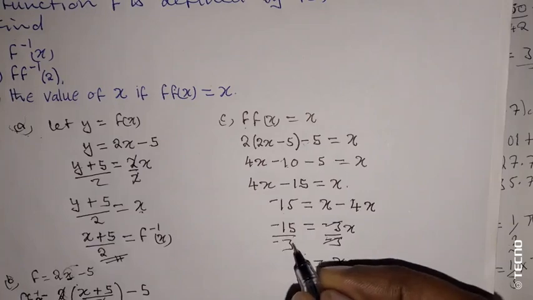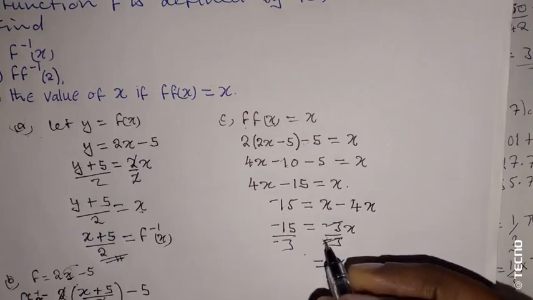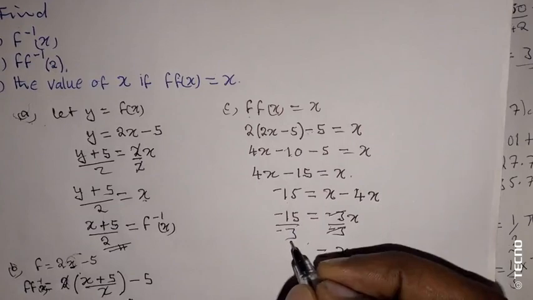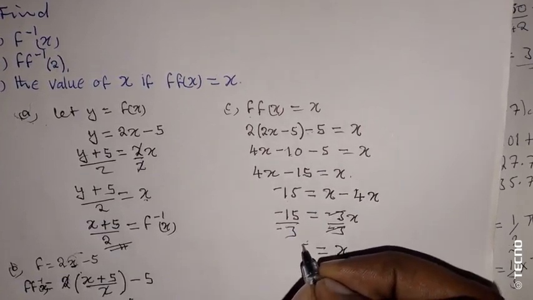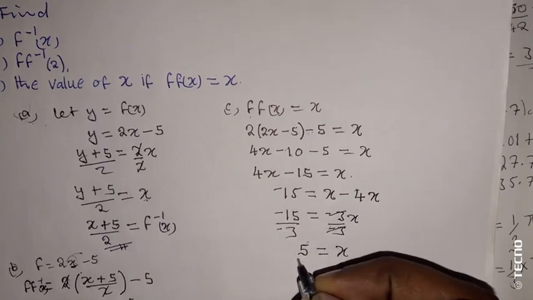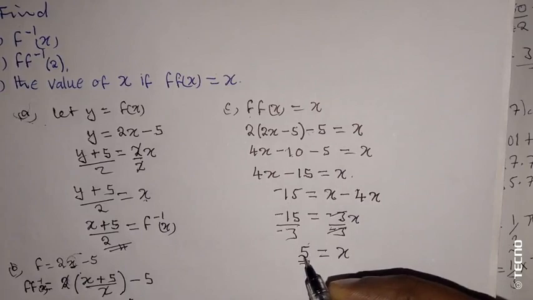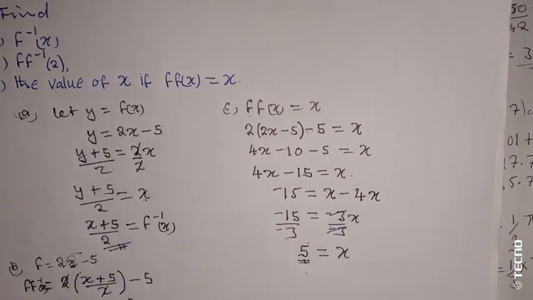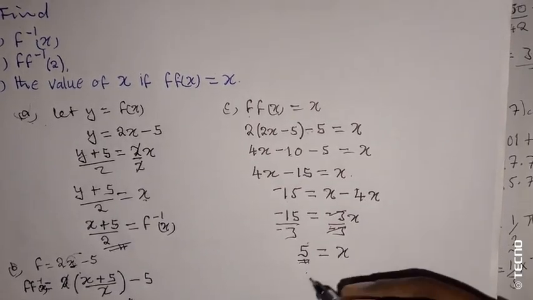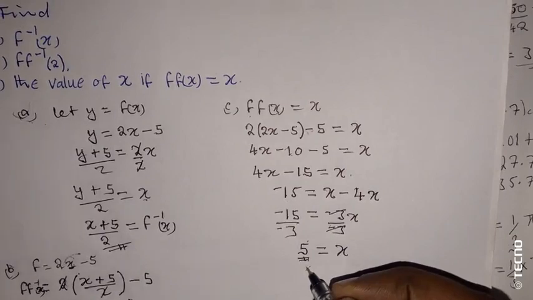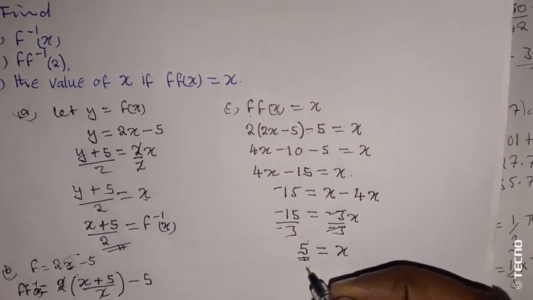How many times can negative 3 go into negative 15? It's 5. So here our answer is x is equal to 5. Or you can rearrange it the way that we are used to.